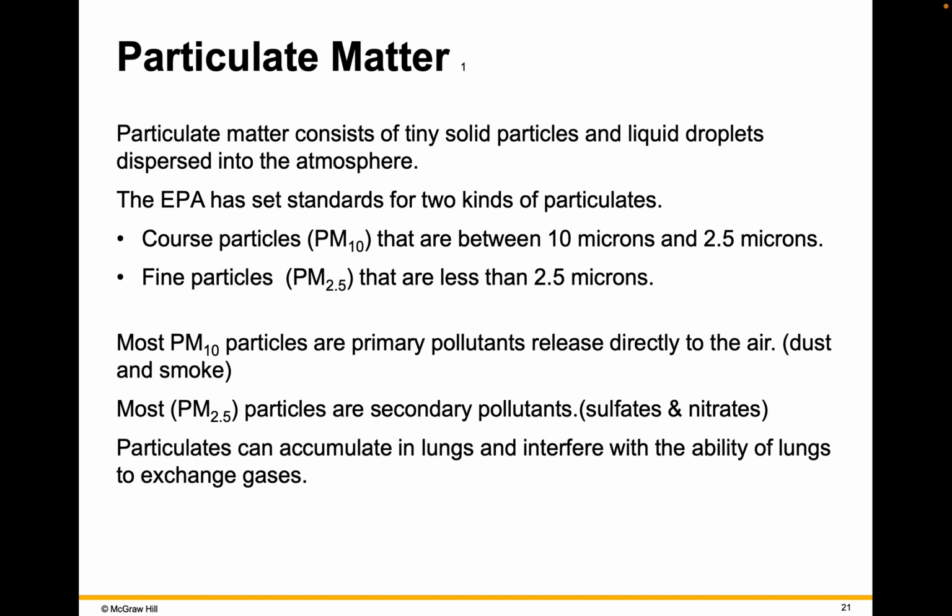Most PM10 particles are primary pollutants released directly into the air, like dust and smoke. Most PM2.5 particles are secondary pollutants, things like sulfates and nitrates. Particulates can accumulate in your lungs and interfere with the ability of your lung to exchange gases.